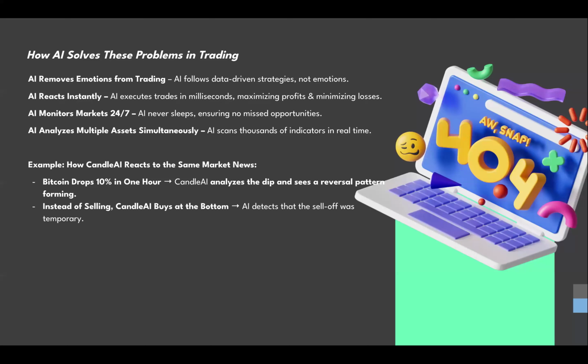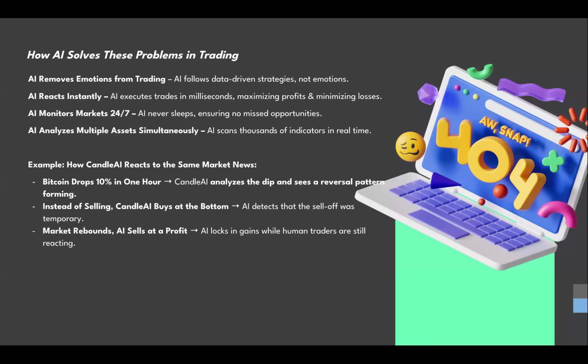So AI analyzes the market differently, knowing from the data and from the pattern that you can see on the chart what is about to happen, and then it makes a decision.